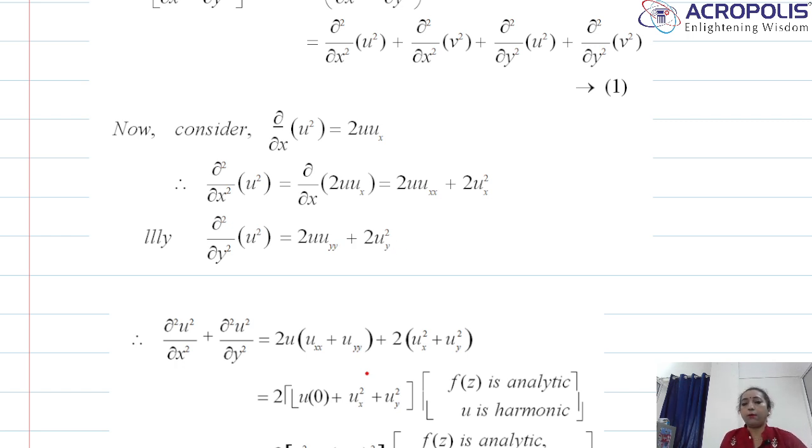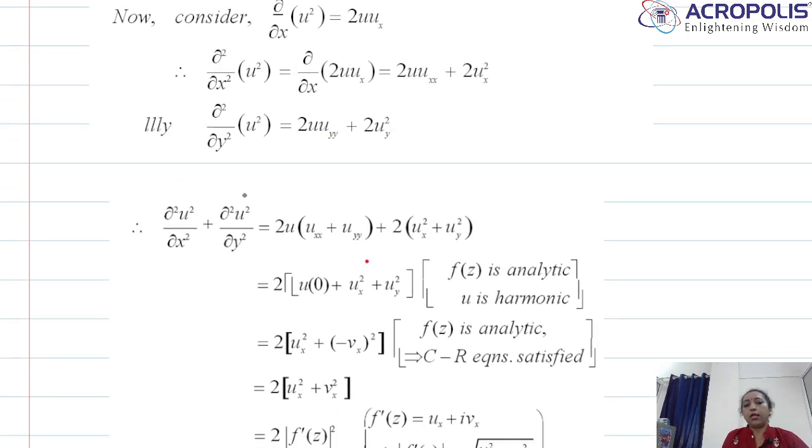If I add these equations, ∂²/∂x² of u² plus ∂²/∂y² of u², I get 2u times the double derivative of u with respect to x plus the double derivative of u with respect to y.